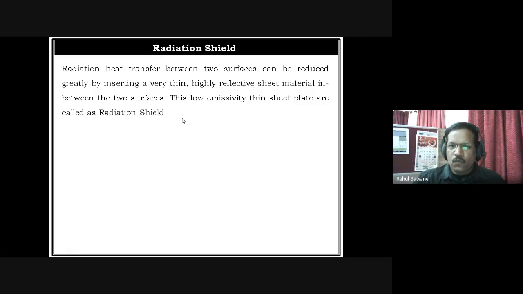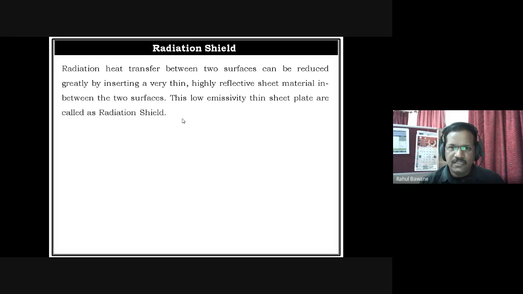Why again do we require low emissivity? If it has a high emissivity, then definitely it is going to give a high rate of heat transfer, so our problem will not be solved by that shield. So we must have low emissivity, so it will emit less heat.